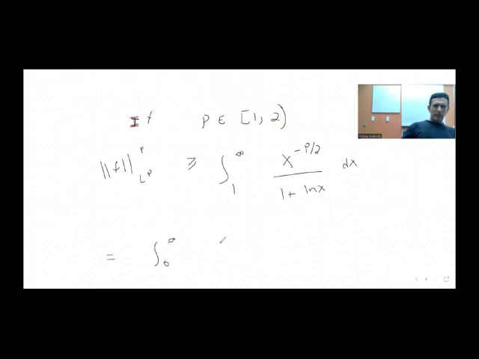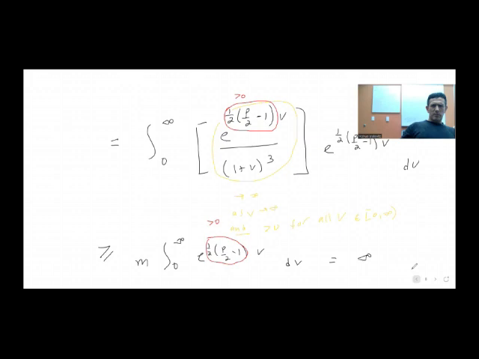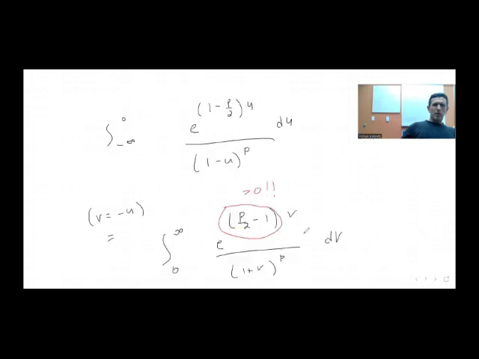So 0 to infinity, e to the 1 minus p over 2 times u, over 1 plus... sorry, this is p. The exact same thing is going on, really. How did we get here before?